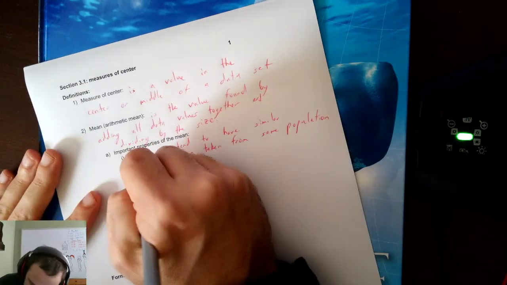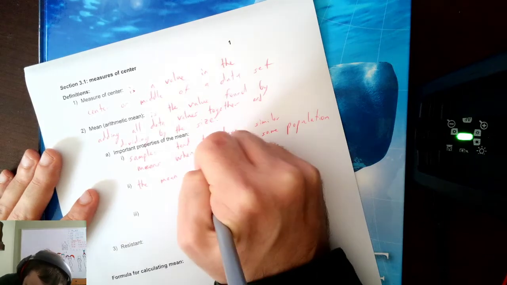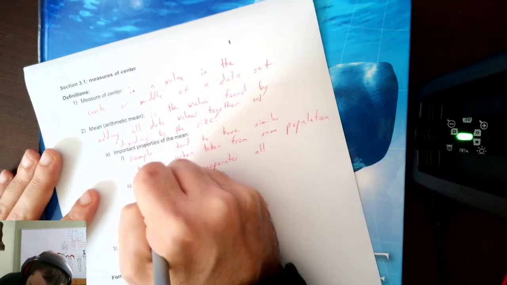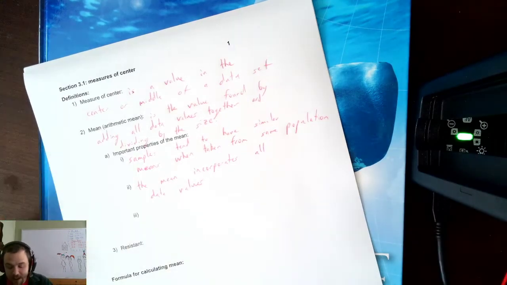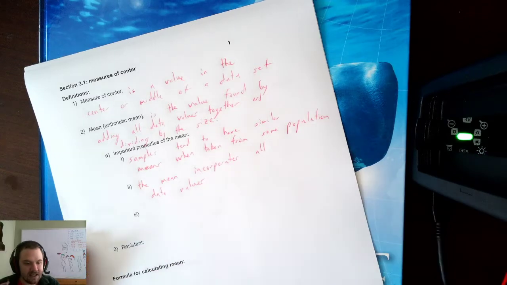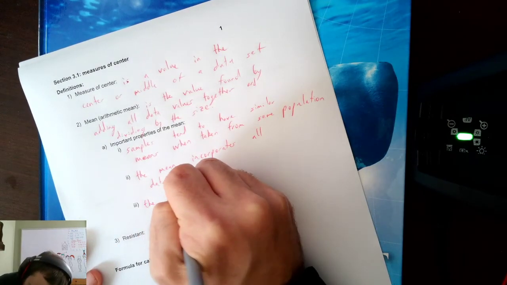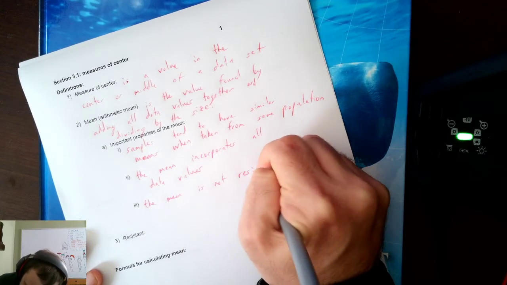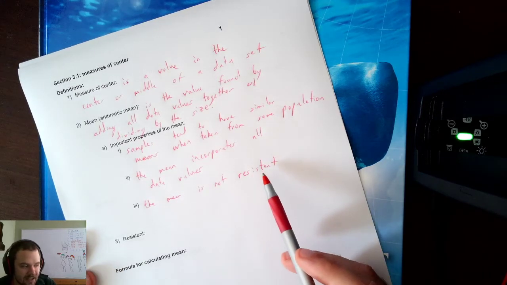Another property is the mean incorporates all data values. And the third one is the mean is not resistant. Now, what does resistant mean in statistical terms?